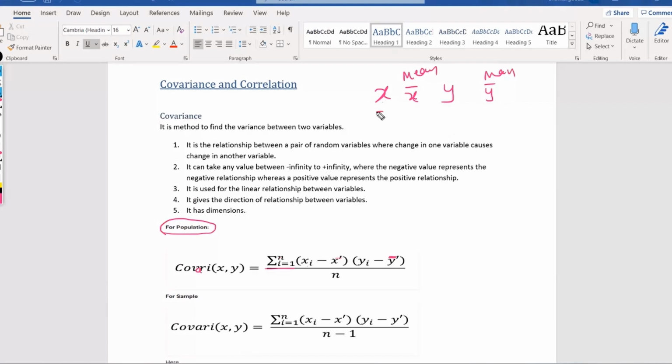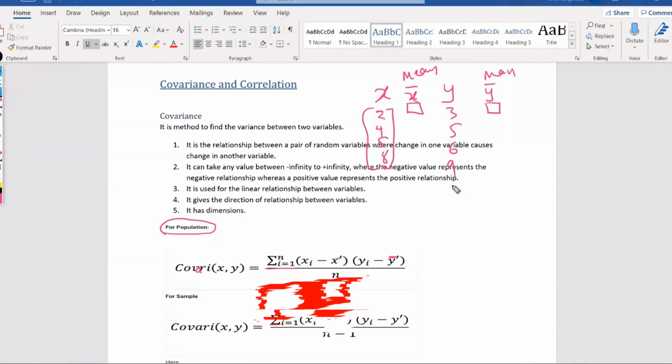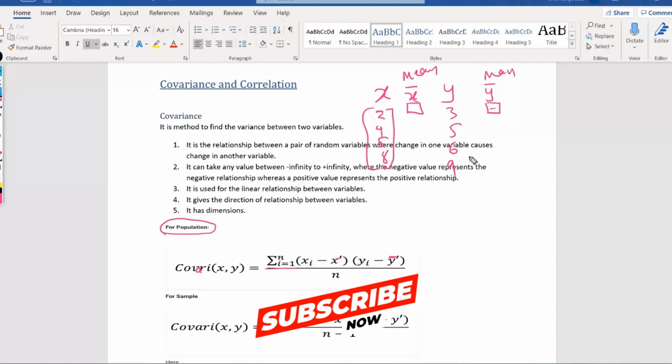So I will have numbers here: 2, 4, 5, 8. I will take a mean of these and I will write it here. That is basically my mean data. I will have only one mean for x. I will have one more mean for y. So here, let's say 3, 5, 6, 9. I will have some mean number.